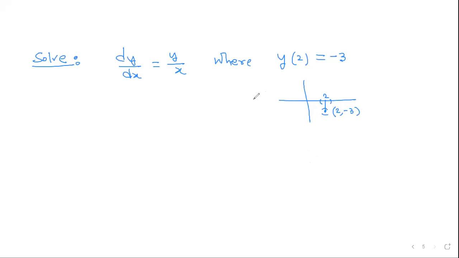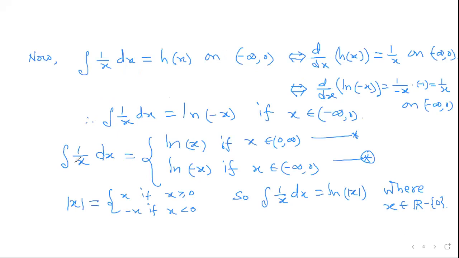So how do we do this? We can use separation of variables: dy over y equals dx over x. If we take the integration, the question is, for the integral of 1 over y dy, which formula will apply? As we saw, the integral of 1 over x is one form if x is positive and another if x is negative.